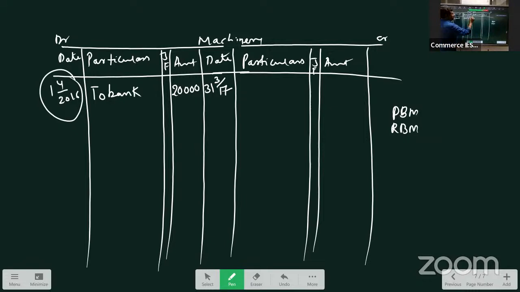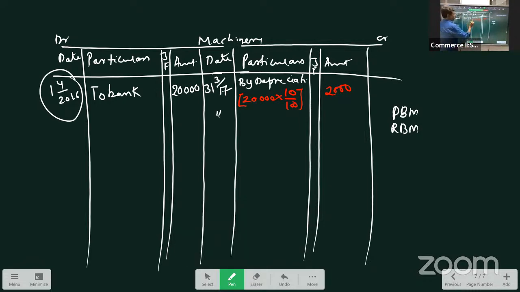So how do we take depreciation? In the first year, we calculate it on the cost only, for both the methods. Under the diminishing balance method also, in the year of purchase, we calculate on the original cost only: 10 by 100, that is 2,000.